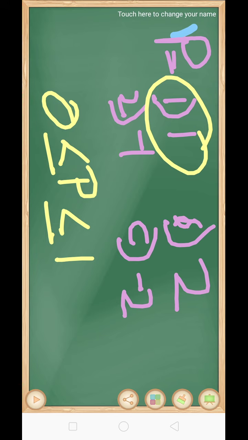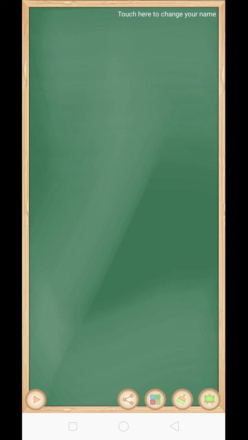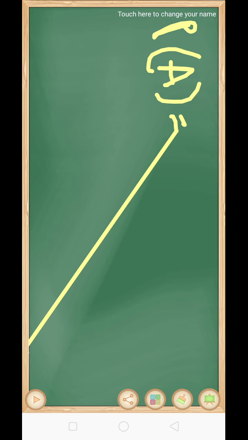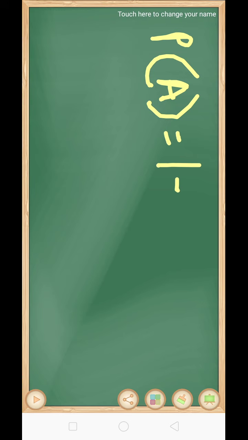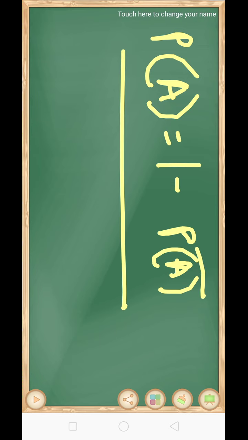Okay, now let's look at the second question from this, P(A') is equal to 1 minus P(A). Based on this property, we will do quick questions.